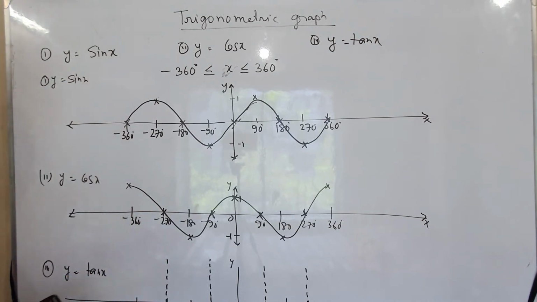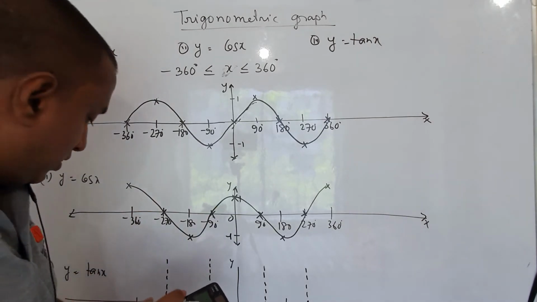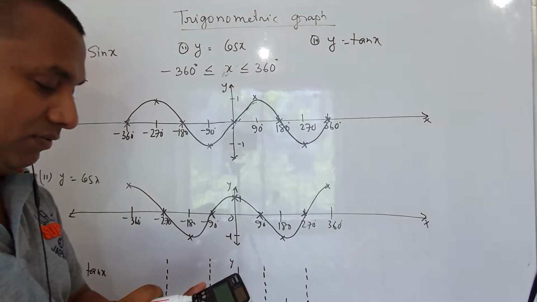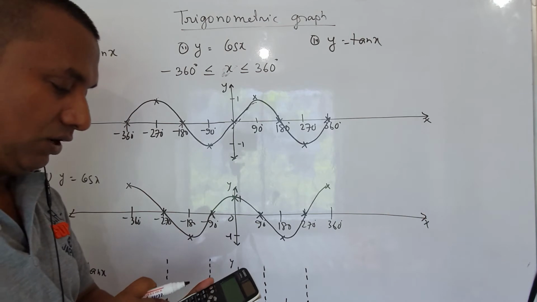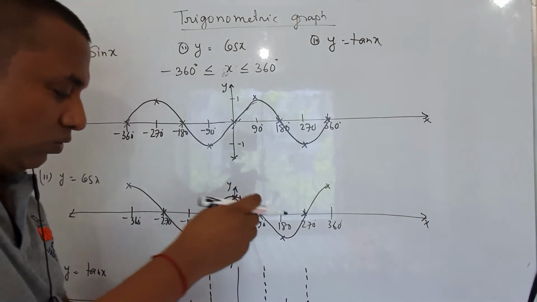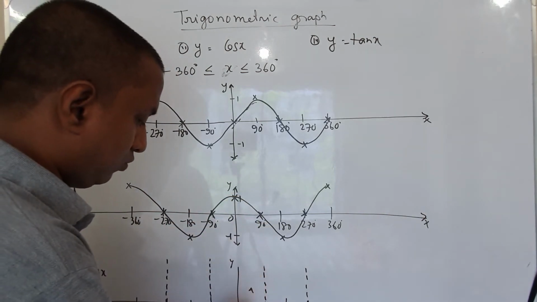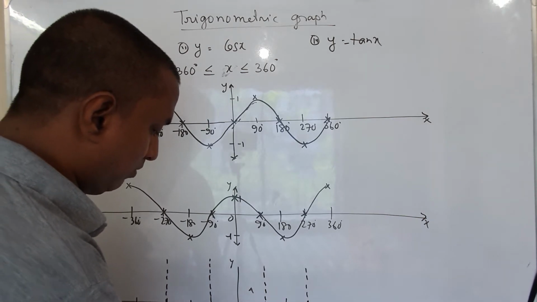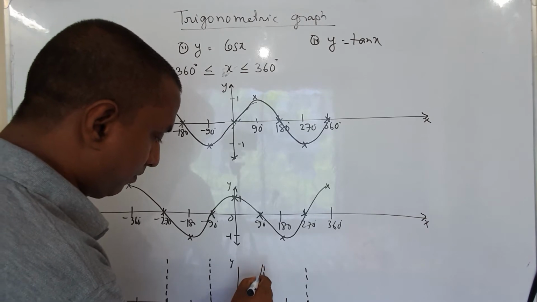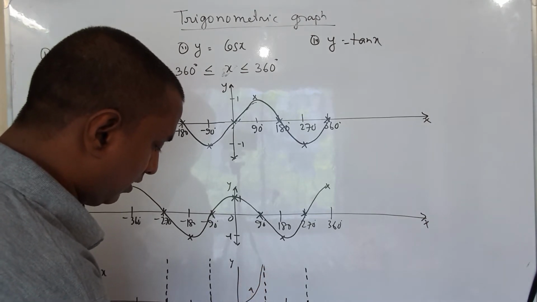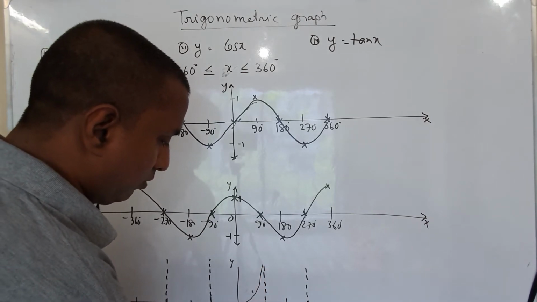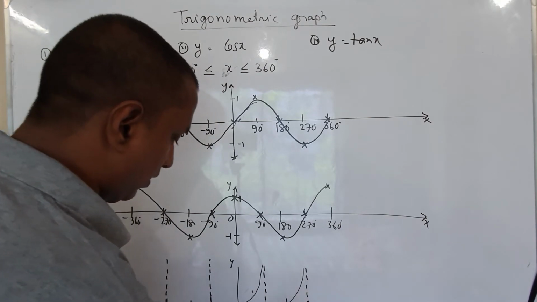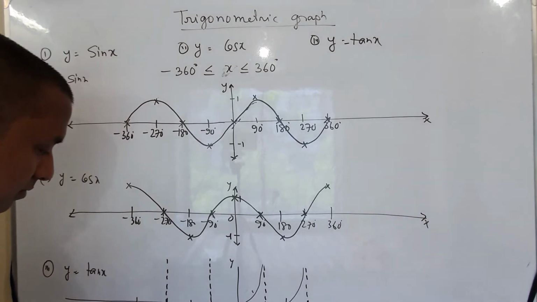Okay, now randomly choose a few values. Let us consider x is 45. So tan 45 is 1. If you choose more points, it will show in that way. Now proceed the same as here.